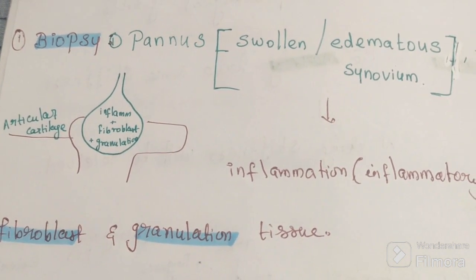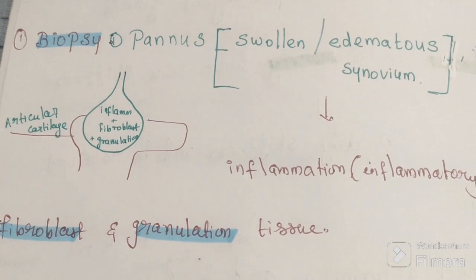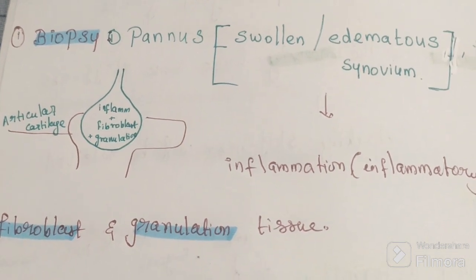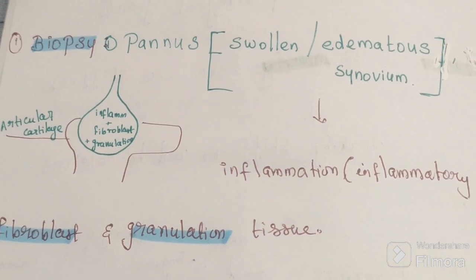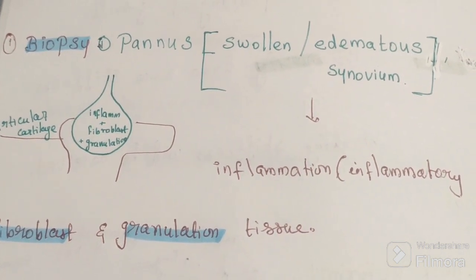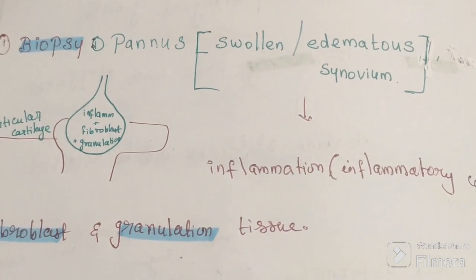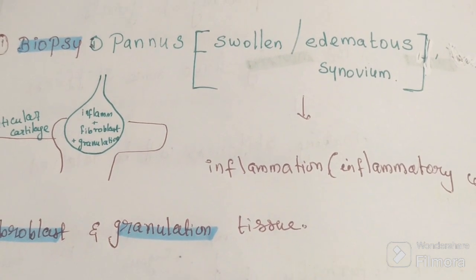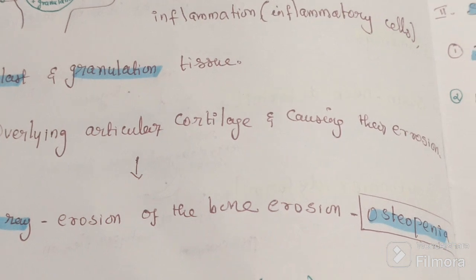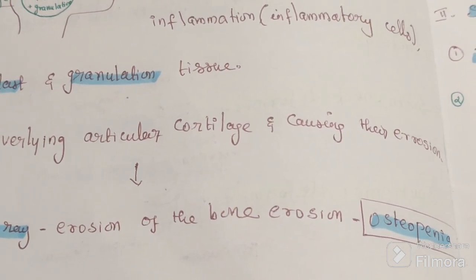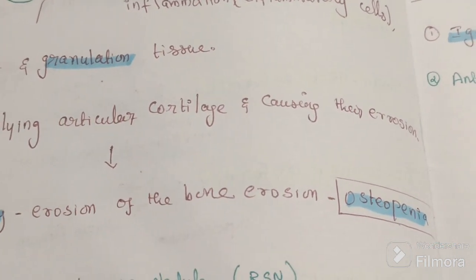On X-ray there will be erosion of the bone, and the loss of bone density is called osteopenia.